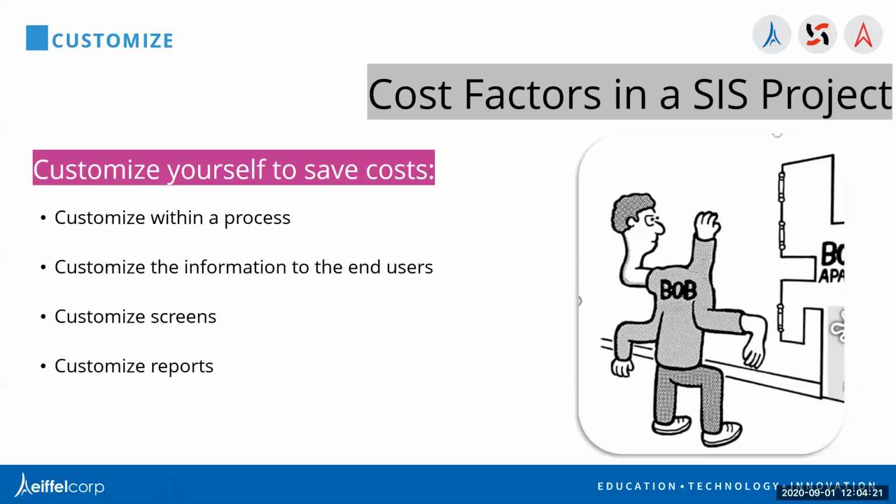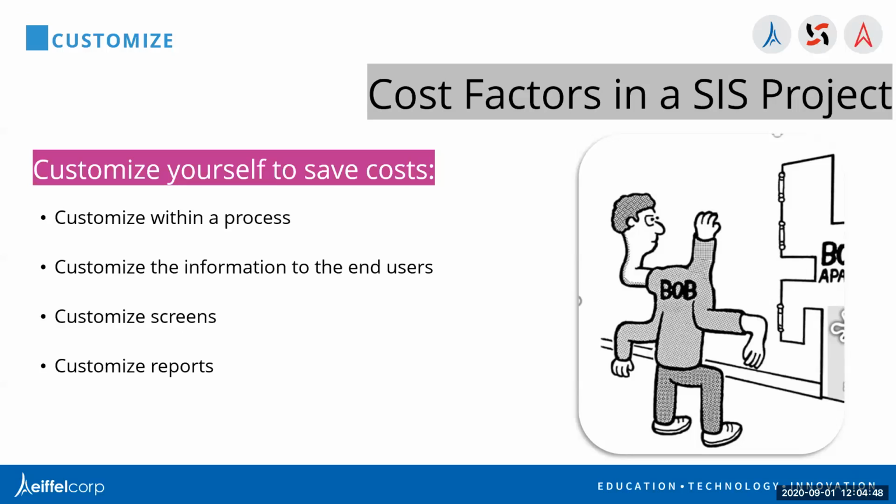Because no institution takes a system just as it is and does not have the need to customize anything. And therefore, customization must be a process that you can afford and that is easy enough to do in the SIS that you choose. So how does Academia help you to save cost when customizing?